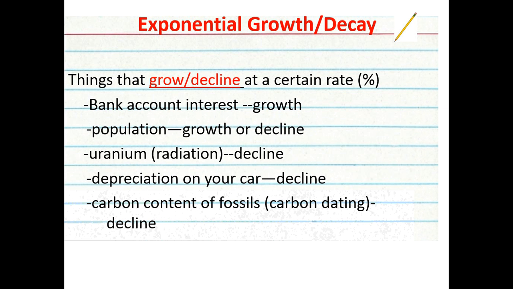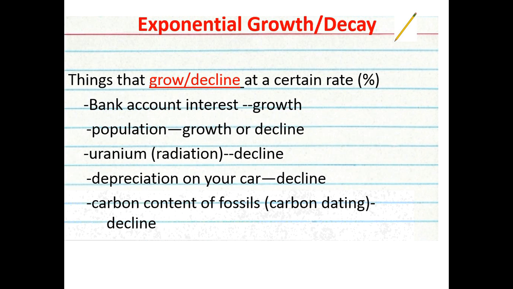All right, now we're going to go ahead and talk about what are some examples of growth and decay in the real world. Well, things that grow or decline at a certain rate would be bank account interest. You know, your interest is going to grow. Population. Population can grow or decay. Radiation.